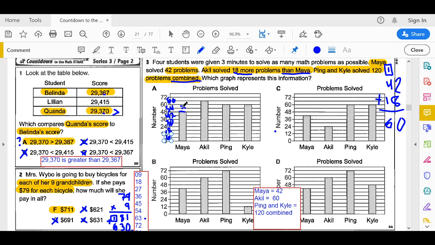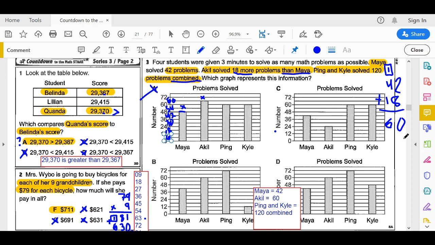Because my first option is not correct, I know that the rest is not going to be correct either, but let me check the one from Akil, which should be 60. Clearly the bar goes beyond the 60, and it's actually 66, so this one is not correct either. I can already eliminate letter A. That is not the right option, so I'll cross it out.